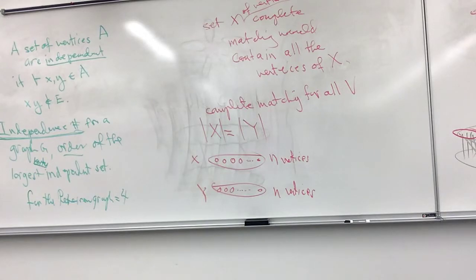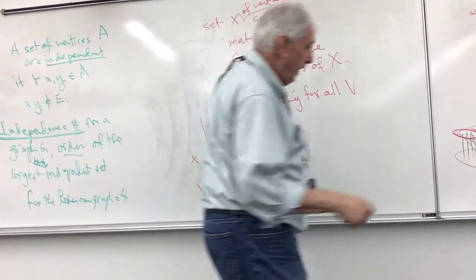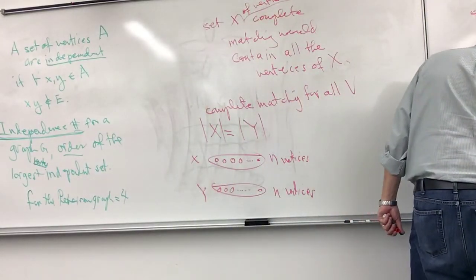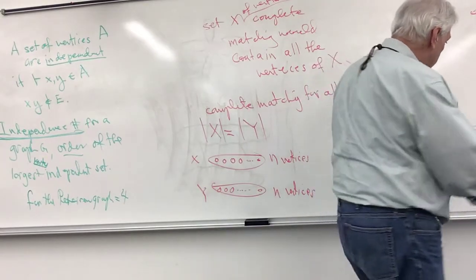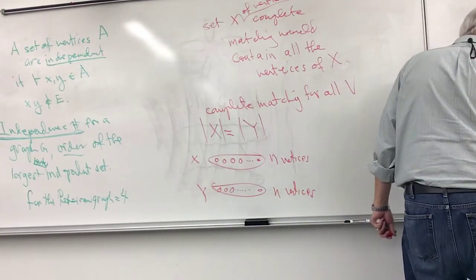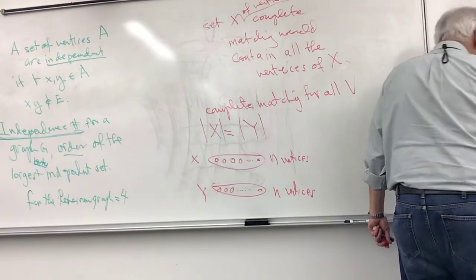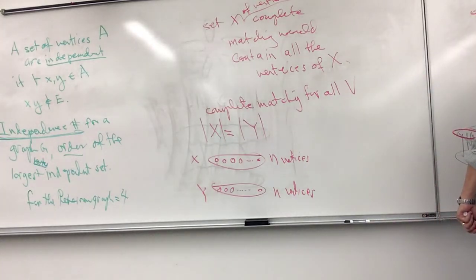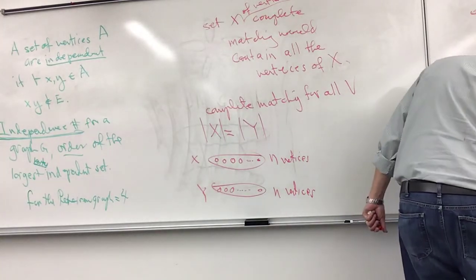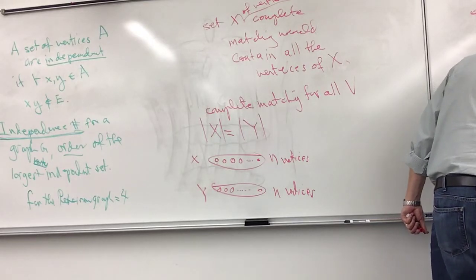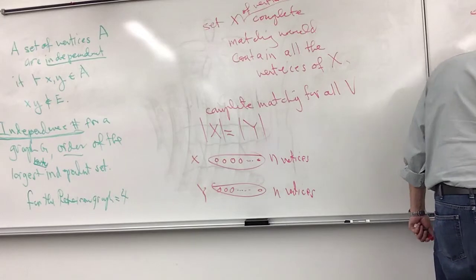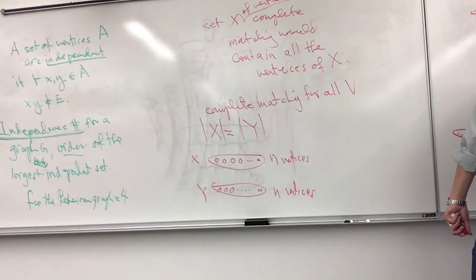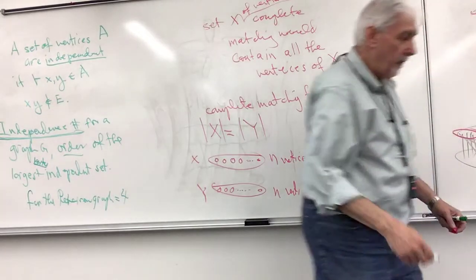So, if I have a bipartite graph, and if this contains a matching, for every subset, let's call this X and this Y, for every subset S in X, the size of the neighborhood of X has got to be greater than or equal to the size of X. One more time.